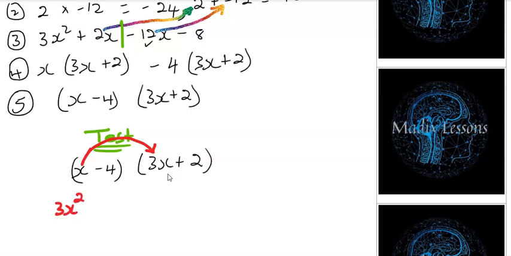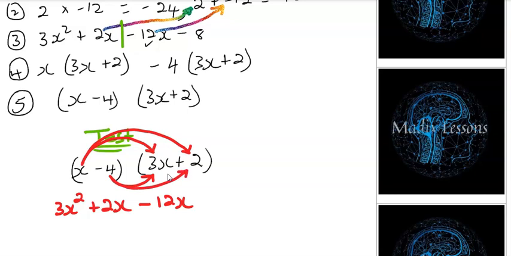We multiply that same x by the 2, and that gives us positive 2x. Next, we multiply the negative 4 by the 3x, and that gives us minus 12x. Then we multiply the negative 4 by the 2, and that gives us minus 8.